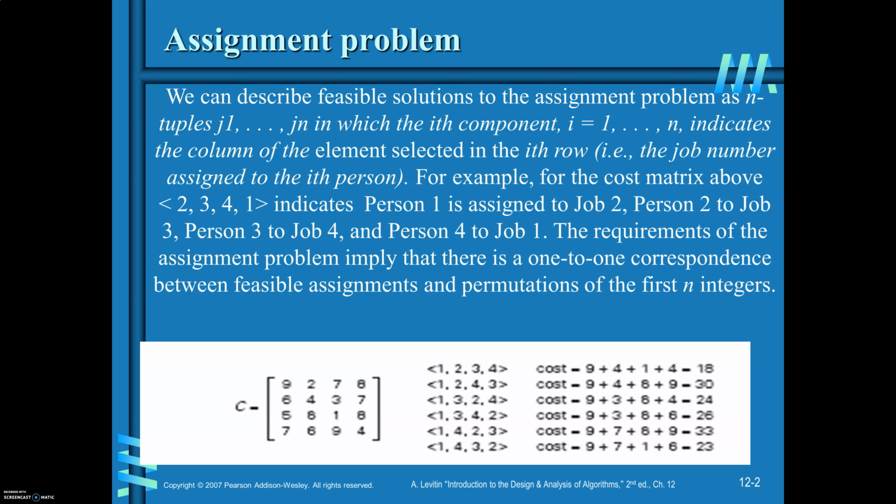The same problem can be solved using the brute force design technique, that is, the exhaustive search approach. If there are n people who need to be assigned n jobs, then you are required to find n factorial feasible assignments, and from that you choose the optimal solution.